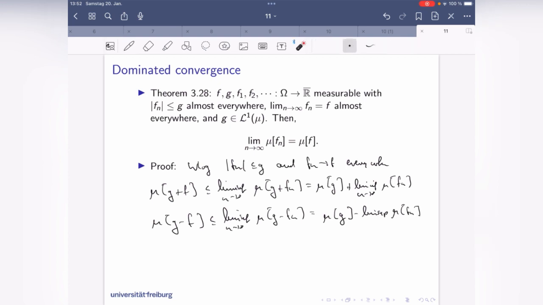So the minus here turns the lim inf into the lim sup. Then I subtract mu of g from both things. And then I get, well, what do I get? Yeah, here I have mu of minus f is bigger or equal than minus lim sup mu fn.